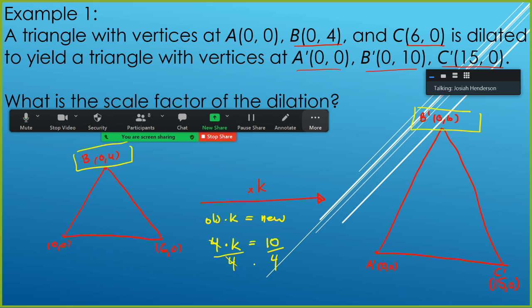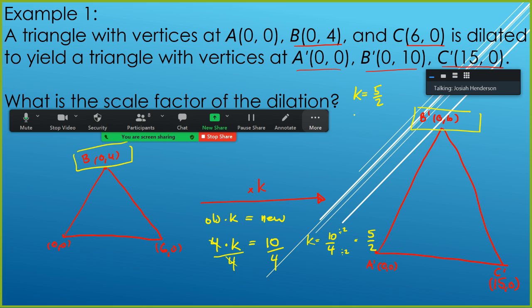So 4 over 4 cancels, and we have k equals 10 fourths. Or we can reduce that down by dividing the top and bottom by 2, and we get 5 halves. So the k, the scale factor, for this question is 5 halves.